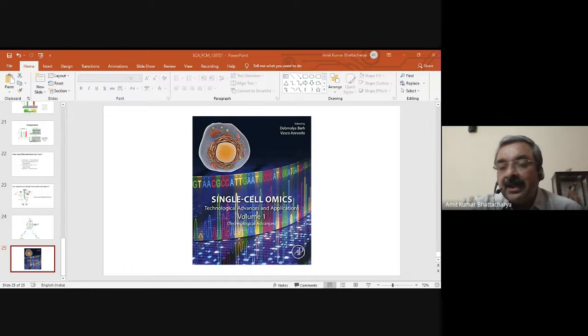The problem with autofluorescence is it is present across a wide range of wavelengths. So now there is an approach which is used, which is called spectral unmixing. And what is that? You say that you know the spectral profile of each of the fluorescent probes that you're using, and the spectral profile of your autofluorescence.